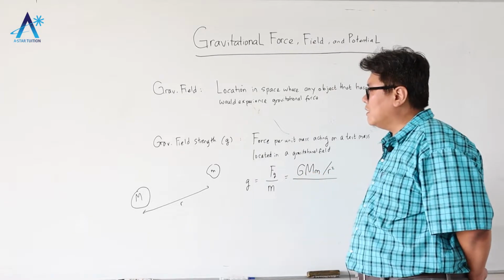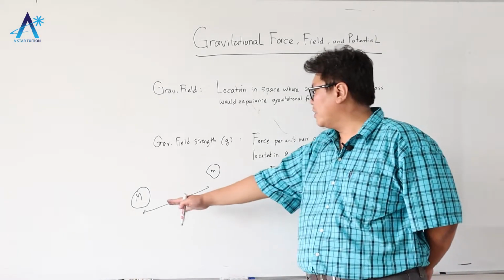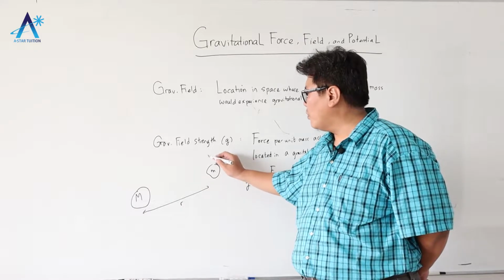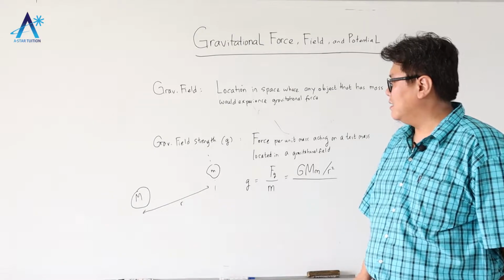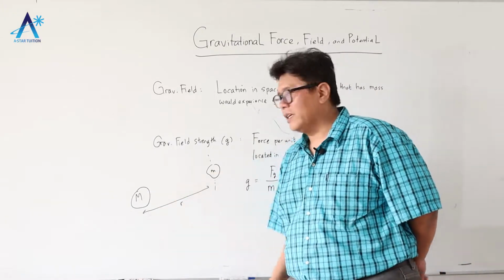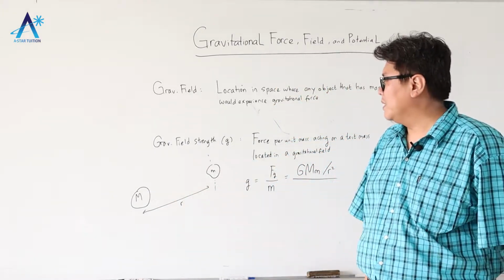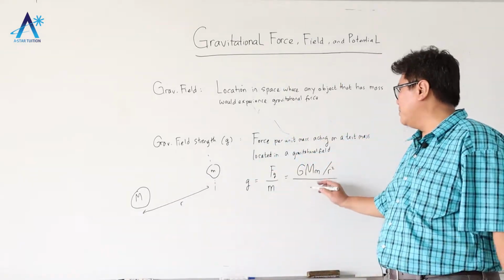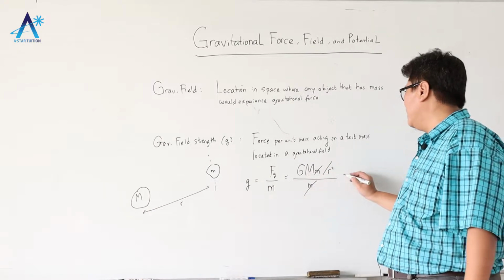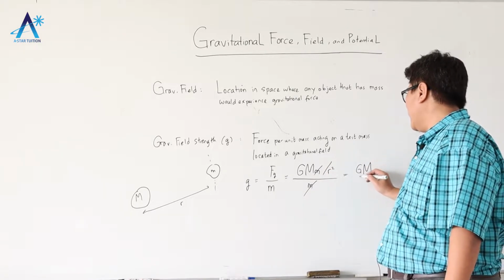Now, if you want to calculate the gravitational field strength at the location where the lowercase m is located, due to the capital M, you just divide this by lowercase m and this will cancel. It's going to give you GM over r squared.